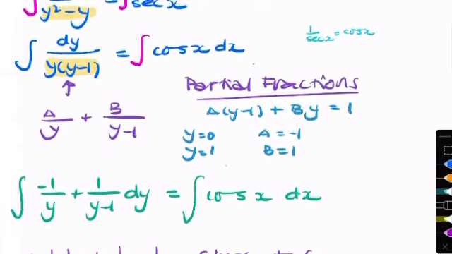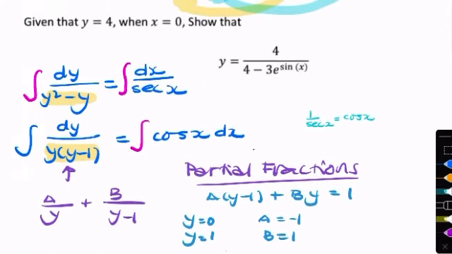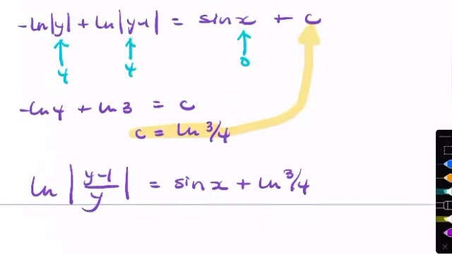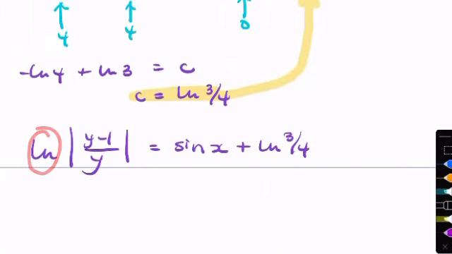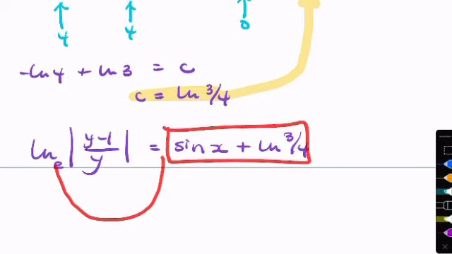The question is asking for y, so we need somehow to get rid of the logs. So remember, there's a little e there, so e to the power all of this should equal to that.